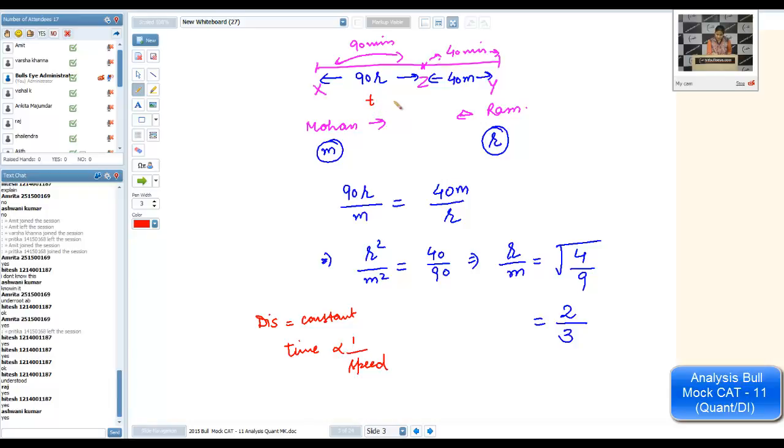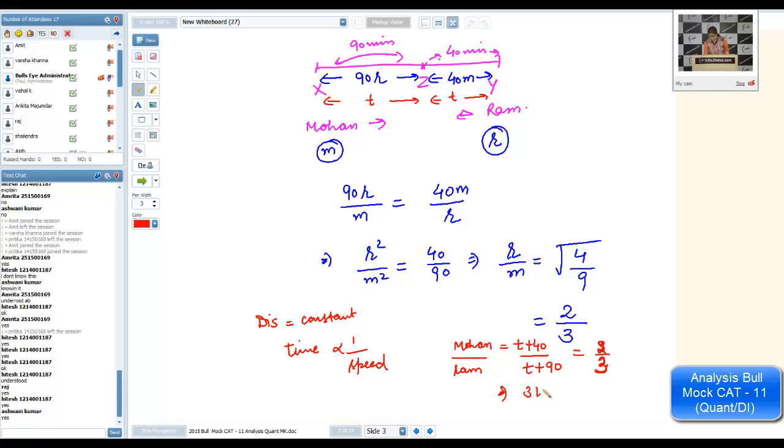Suppose the total time taken by them is t minutes. So the time taken by Mohan to cover the whole distance will be t plus 40. For Ram, it will be t plus 90. And the ratio we know, it should be the reverse ratio, 2 by 3. By solving this, you will get the answer now.